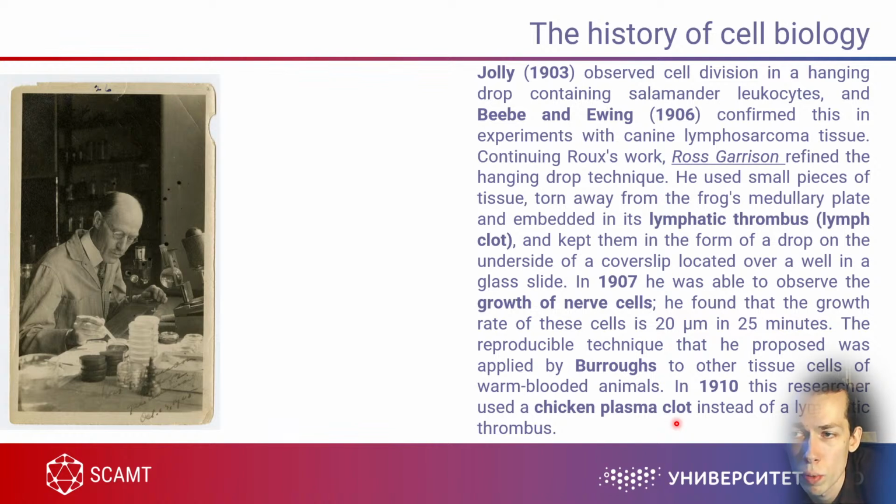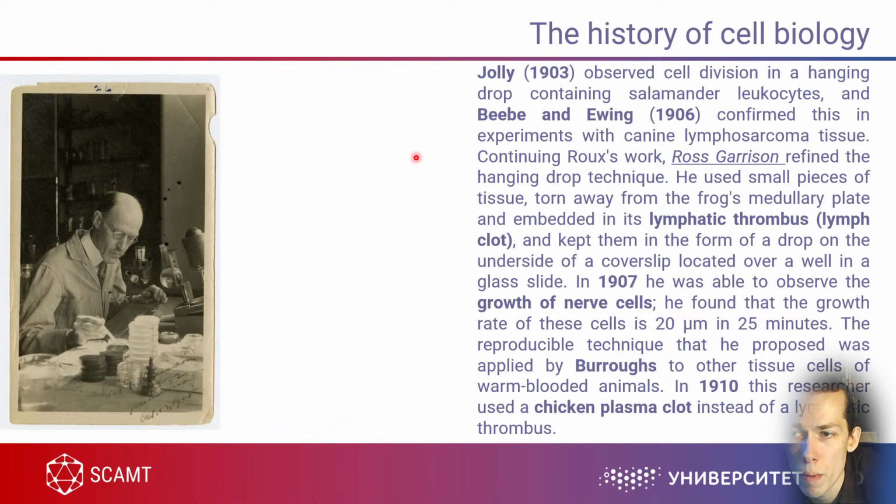And a lot of important things were discovered on the border between the 19th and 20th centuries. Most of them were done by a scientist called Ross Harrison, who did not discover or invent, but used very well a thing called the hanging drop technique.